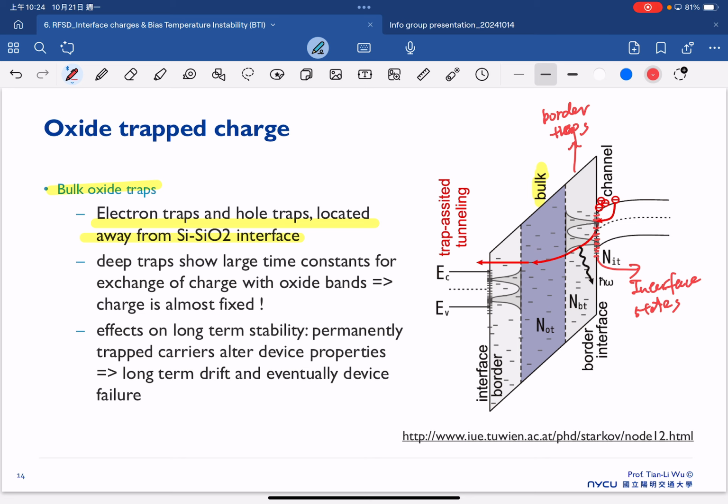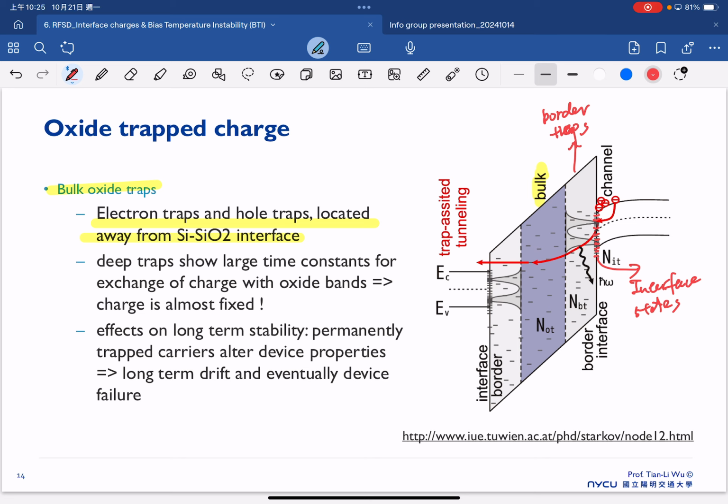The border, like when you have two countries, in the middle of two countries we usually call it the borderline, that's a 边界. So the border trap means it is close to the interface, but not exactly at the interface. It is a little bit far inside from the interface, so that's what we call the border trap here.